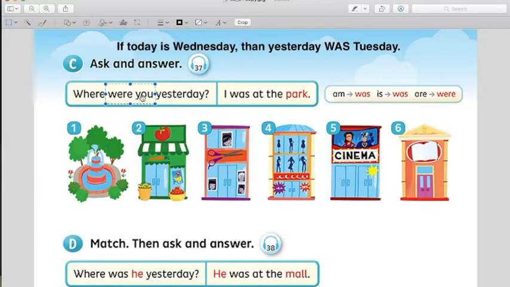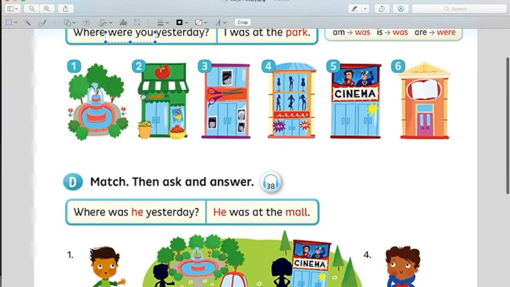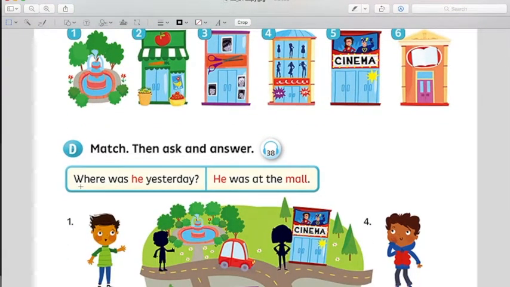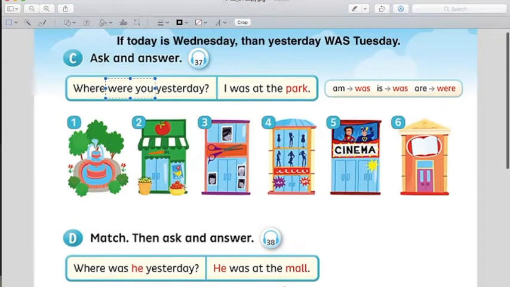Where were you yesterday? If we use the pronoun he or she, we use was. Where was he yesterday? Where was she yesterday? So let's continue.